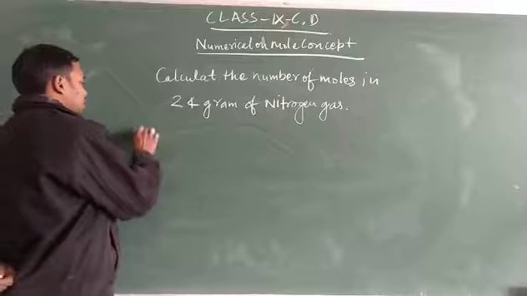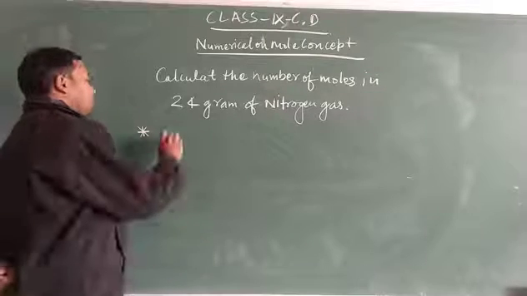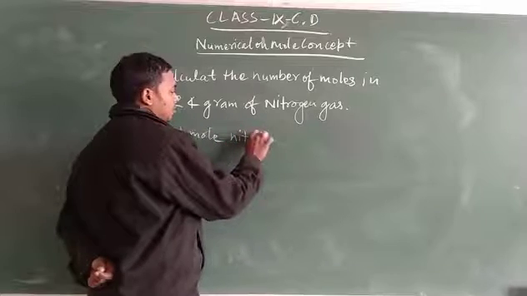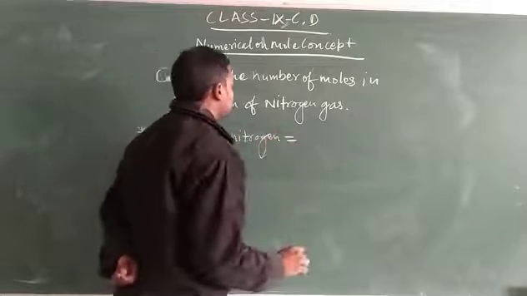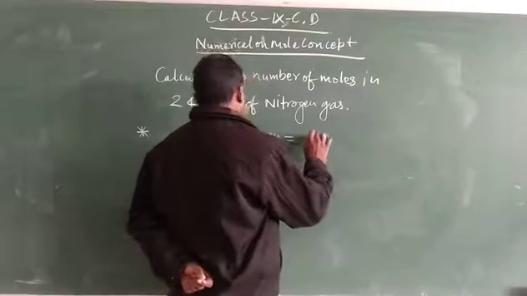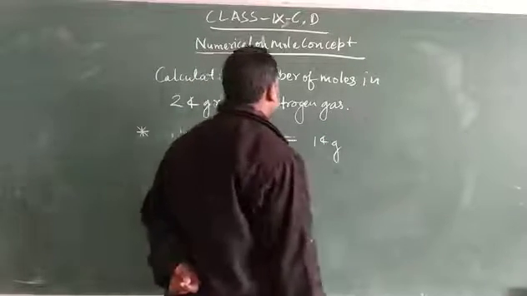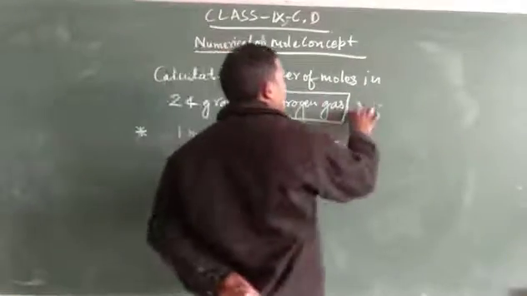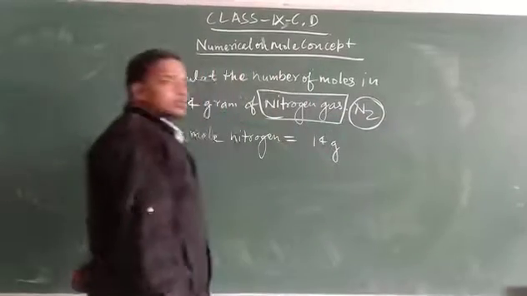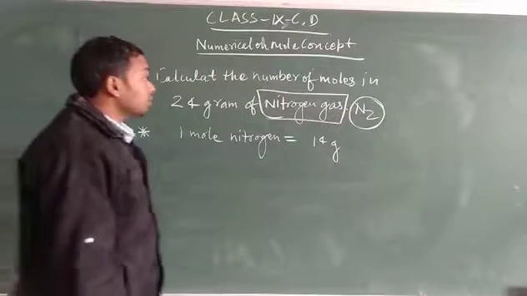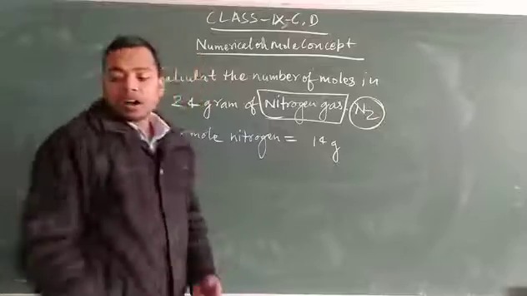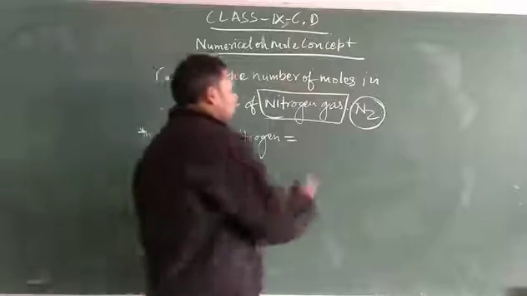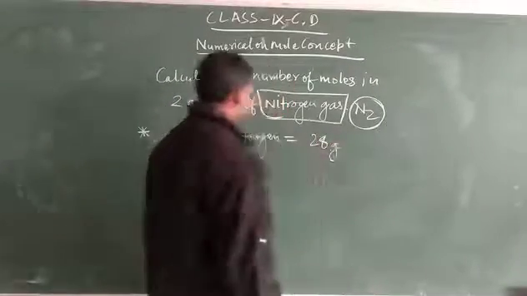So again apply the formula. 1 mole nitrogen is equal to 14 gram. Not because the nitrogen gas is found in the form of N2. That's why on the place of 14 we need to write the 28 gram nitrogen.